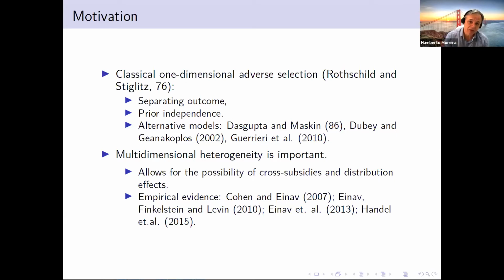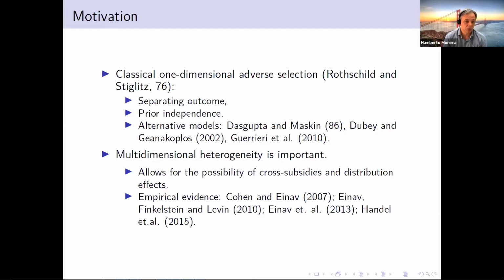So what we're going to argue is that multidimensionality of the heterogeneity is very important in order to get that kind of dependence of the outcome on the distribution of characteristics, right?